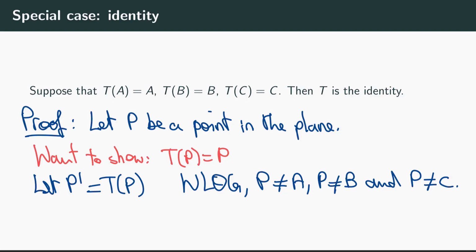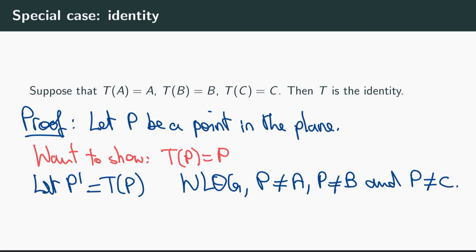So now P is not one of the vertices of the triangle, which means, by one of those theorems on your midterm study guide, that if I have a pair of distinct lines in incidence geometry, they intersect in at most one point.